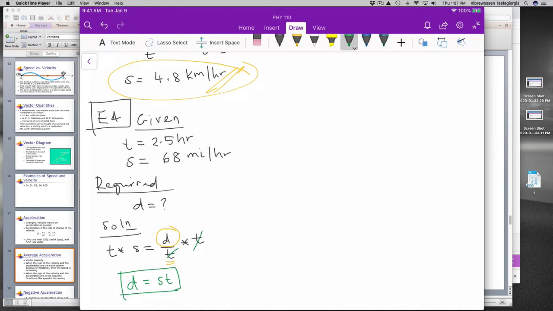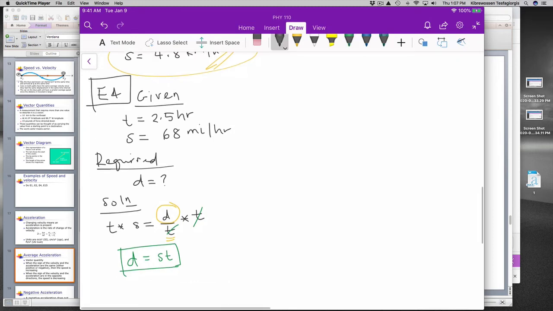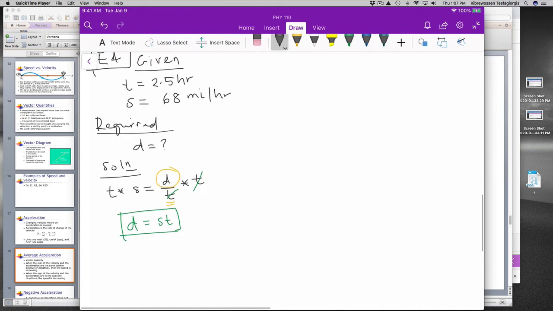Okay, so now I have a new formula to find distance, and all my given parameters are known. Then it's just a matter of substitution. S is 68 miles per hour multiplied by 2.5 hours. Then hour cancels out with hour.